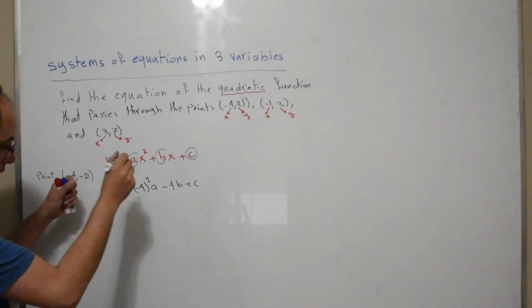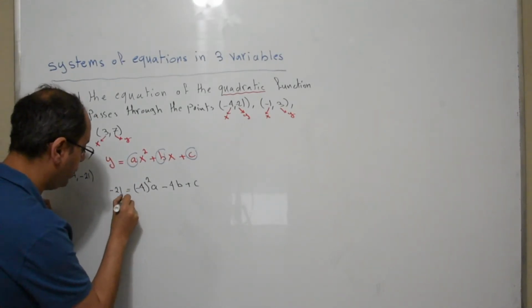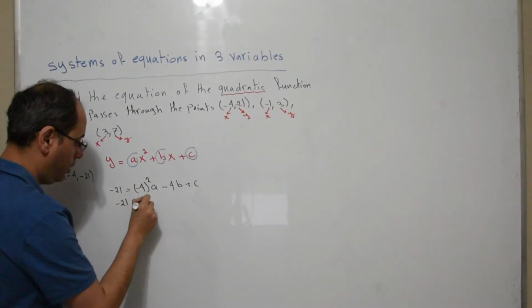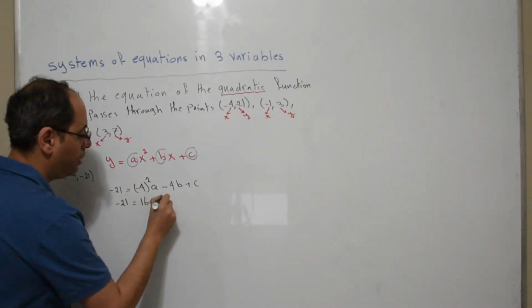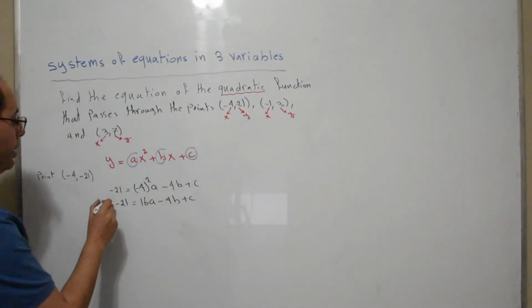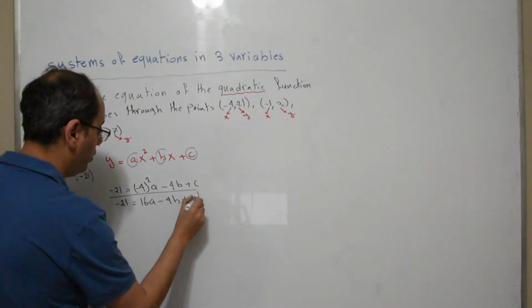Let's clean this up. I have -21 equals 16a minus 4b plus c. So this is my first equation.